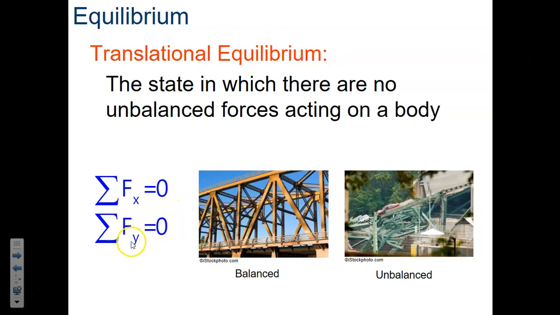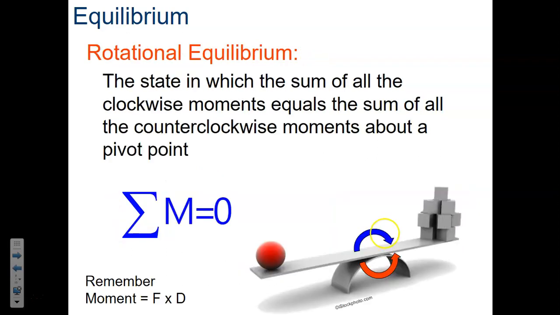The y direction is up and down. When I add up my up forces and my down forces, they should also add to zero, meaning that they cancel out. Here we've got balanced forces, and here we've got a disaster going on, with unbalanced forces acting.